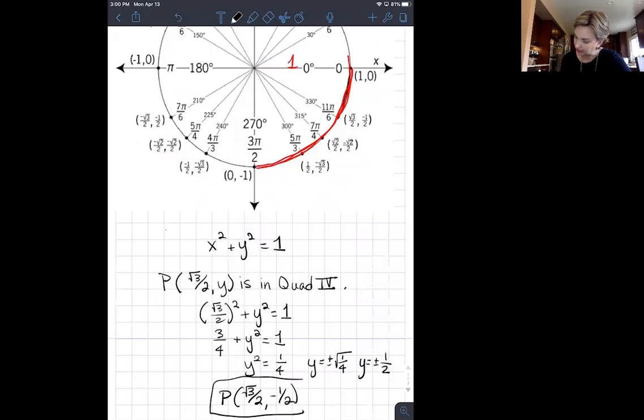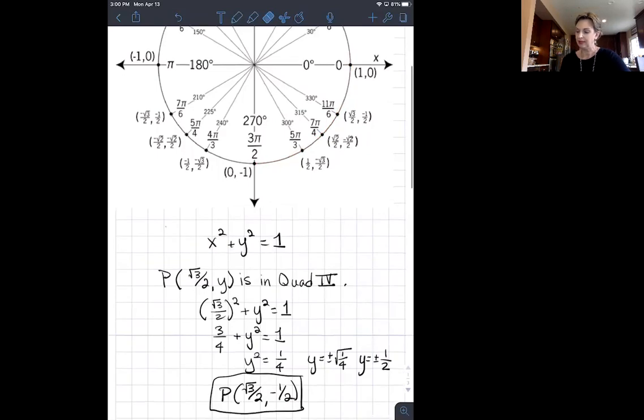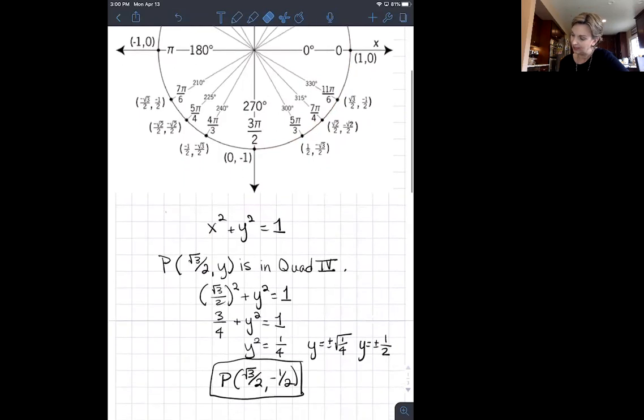That's the point in quadrant 4 that's on the unit circle that has an x coordinate of the square root of 3 over 2. So there's one way we could use our unit circle to come up with a coordinate that has a radius of 1 and is on the unit circle, kind of nifty.